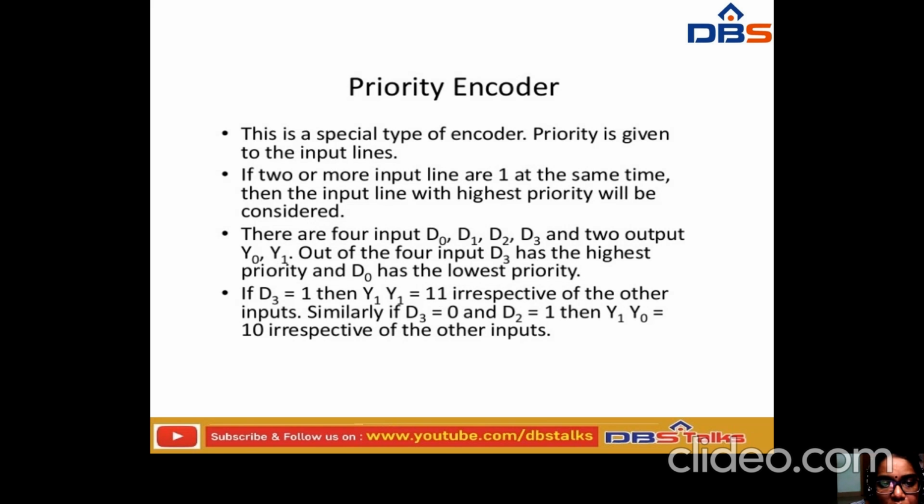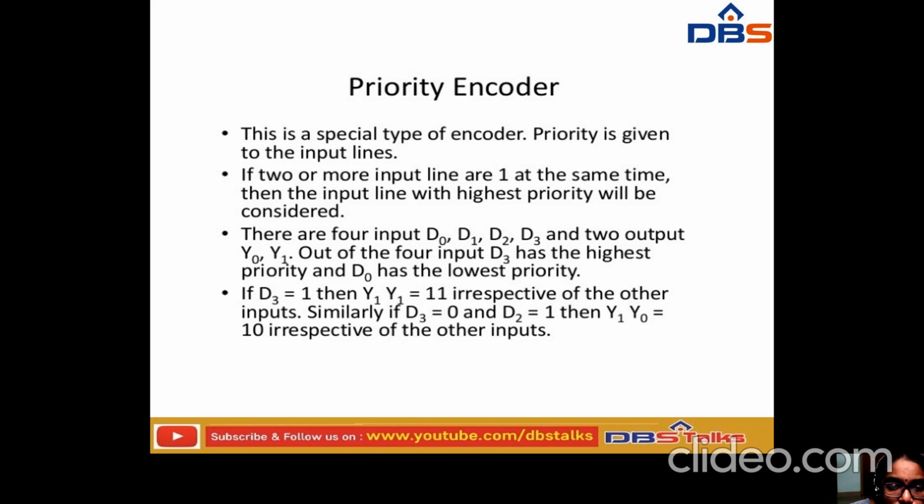Now let us see what a priority encoder is. It is a special type of encoder where priority is given to the input lines. If two or more input lines are 1 at the same time, then the input line with the highest priority will be considered. There are four inputs, D0, D1, D2, D3, and two outputs, Y0 and Y1.